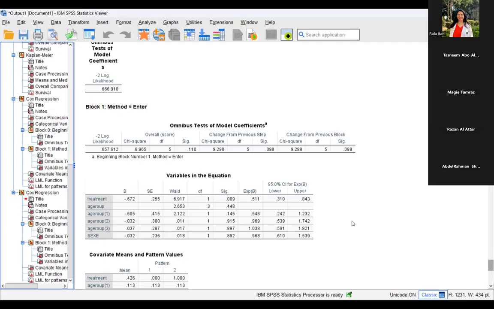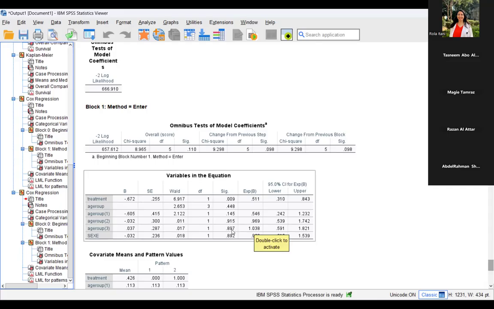Professor, how would we interpret the values like 1.038, for example? Which is 1.08? Sorry, the age group 3? Age group 3. Okay. It's not significant, right?